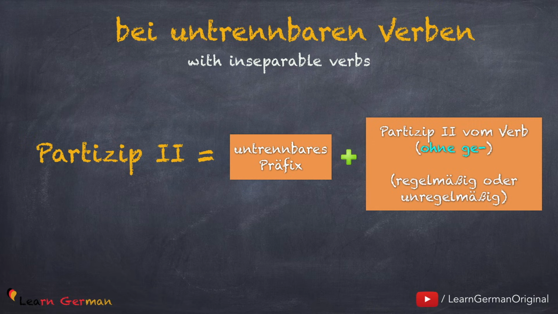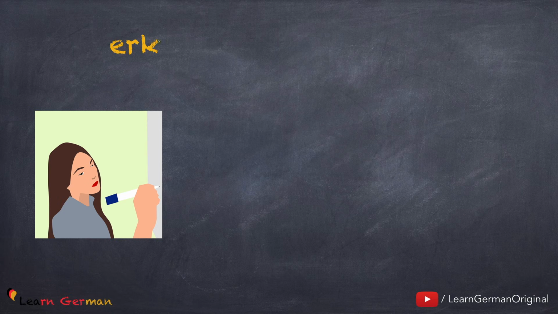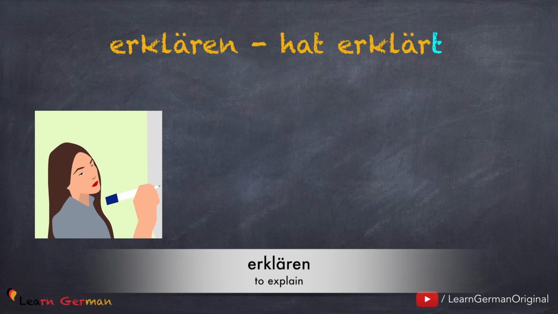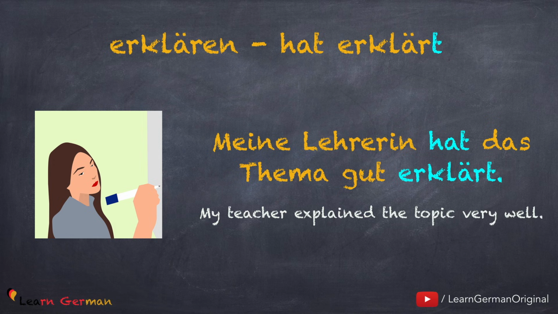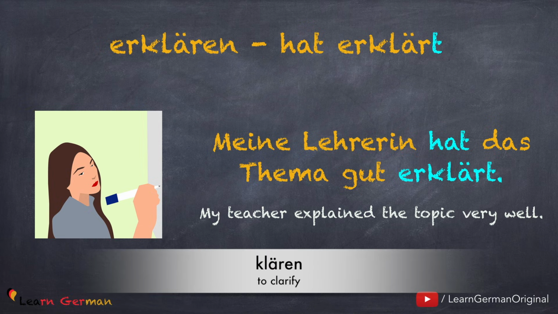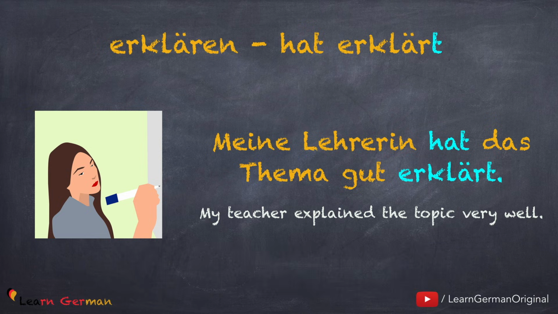Let's look at a few examples to understand this. The first one is erklären, hat erklärt. Meine Lehrerin hat das Thema gut erklärt. In this case, the verb klären is a regelmäßiges Verb. Hence, it takes only a t at the end.